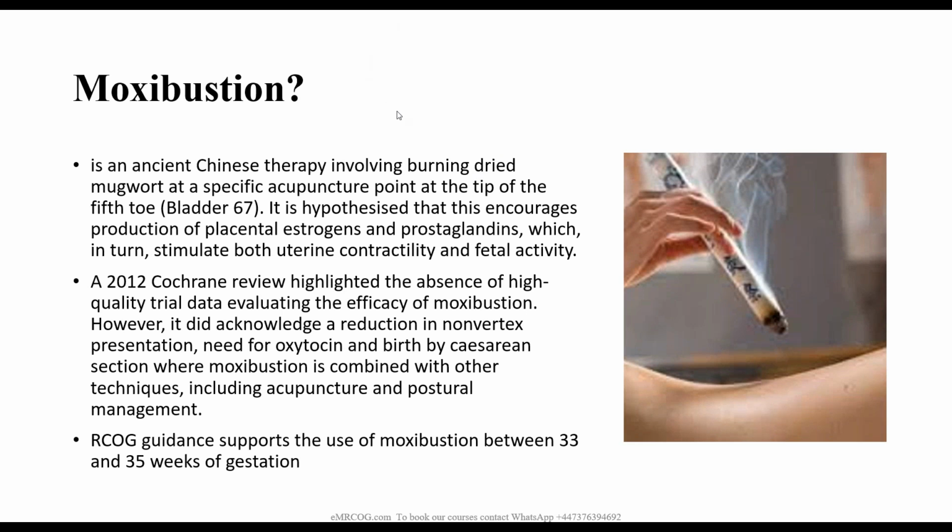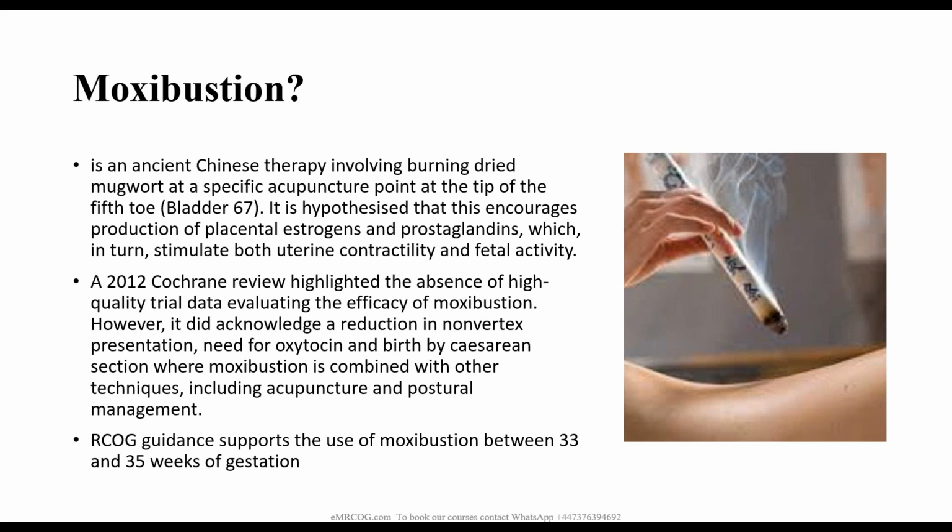The TUG article also suggests using moxibustion. This is an ancient Chinese therapy involving burning dried mugwort at a specified acupuncture point, at the tip of the fifth toe. Sometimes the woman should also smell it.